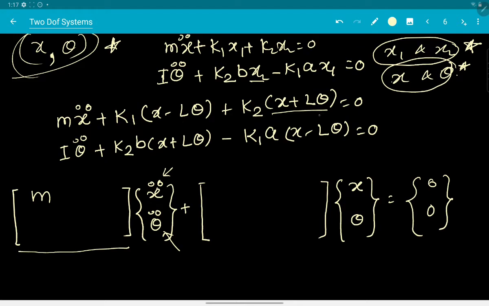No, there is no term having the theta double dot variable appearing there. So obviously I'll be putting 0 over here. So the contribution of theta double dot in this equation is 0. Similarly, the contribution of x double dot in this equation is 0. x double dot is not contributing in this equation, so there is no contributor over here.